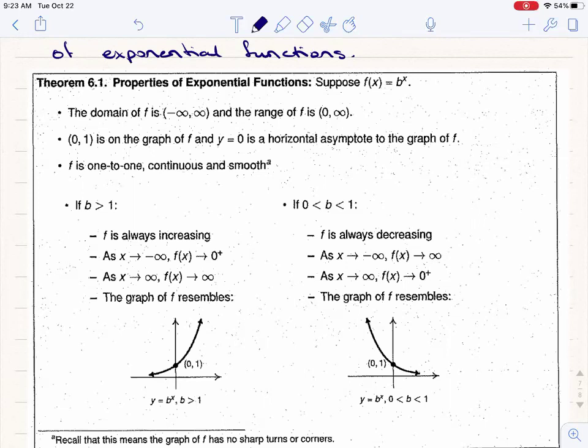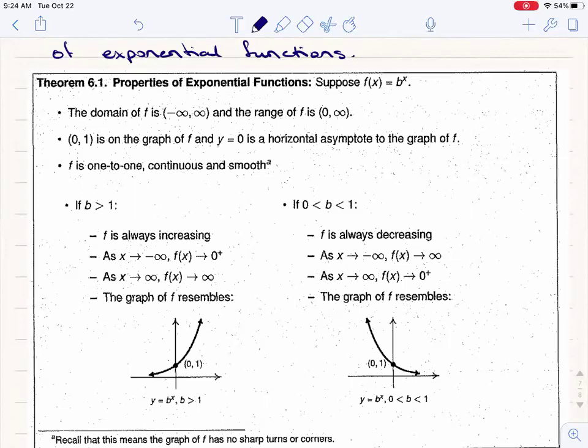The point (0, 1) is on the graph, and y equals 0, the x-axis, is a horizontal asymptote. We've already talked about that. Just looking at the graph, we see there's a slight decline and a quick incline, sort of.